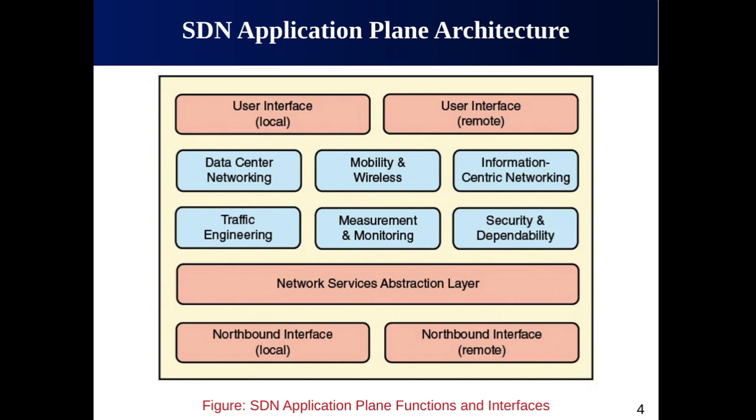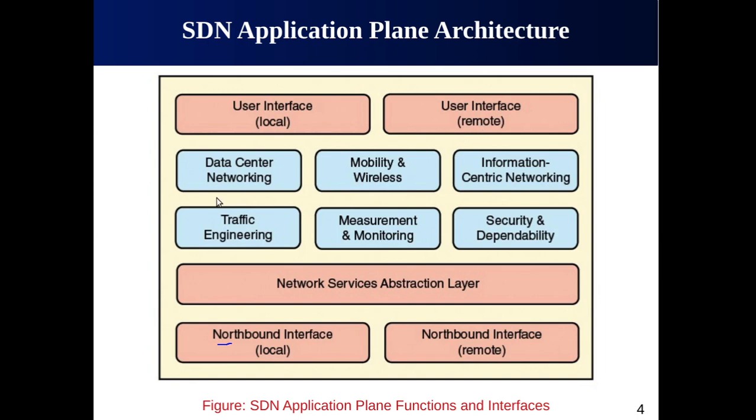We will see that these applications will actually interact with the SDN control plane with the help of application control interfaces. In this figure, you can see different types of interfaces like the northbound local interface, remote interface, user interface if the user is local, and an interface support for the user if the user is remote.